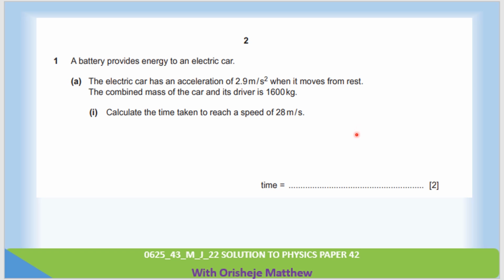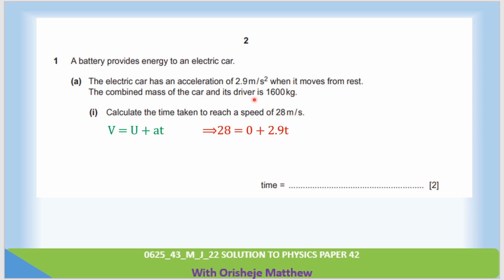So this is one of the first equations of motion. The equation we are going to use: the final velocity is equal to the initial speed plus the acceleration multiplied by the time. Or if you put it, a is equal to (v minus u) all over t. So let's substitute here. What is our u? Start from rest, that is 0. What is the final speed? 28, that is v.